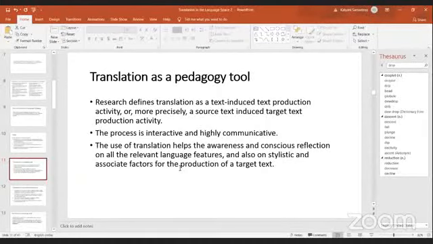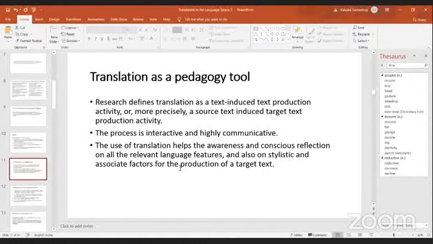Then as a pedagogy tool, the use of translation helps awareness and conscious reflection on all relevant language features. When adults interact with texts, they become acutely aware of the differences the other language texts provide in front of them in comparison to their mother tongue or their first language.